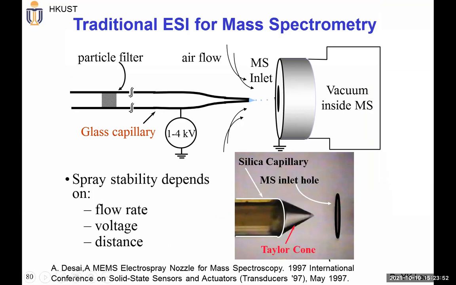Basically, you use a special high voltage and do electrospray ionization. You let your sample go through a particle filter and then apply high voltage to analyze the sample. Then in the vacuum condition of the mass spectroscopy chamber, they do this kind of separation and look at the spectrum, so this is a very unique technology.